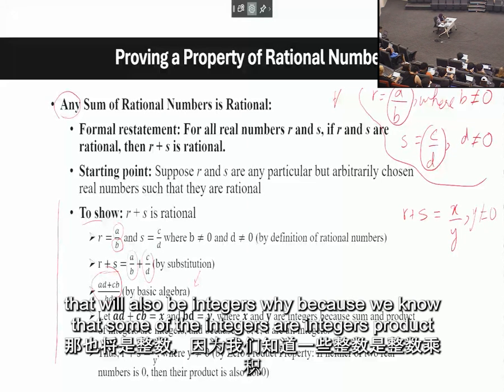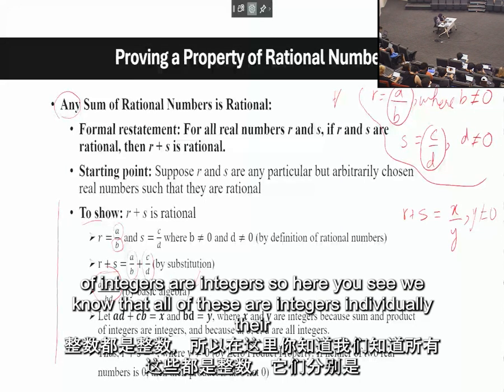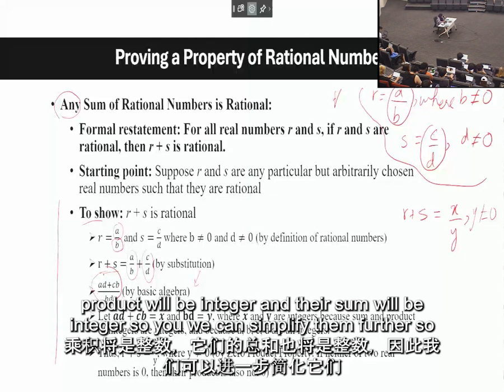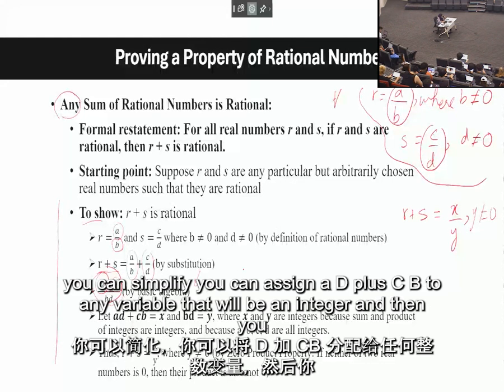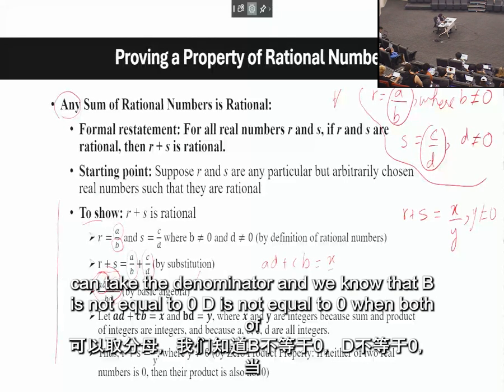Why? Because we know that the sum of integers is an integer and the product of integers is an integer. So here, all of these are integers individually, so their product will be an integer and their sum will be an integer. You can assign ad plus cb to a variable that will be an integer, and then you can take the denominator, and we know that b is not equal to 0 and d is not equal to 0.